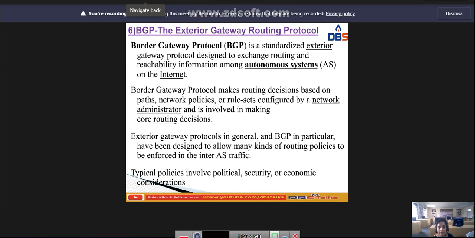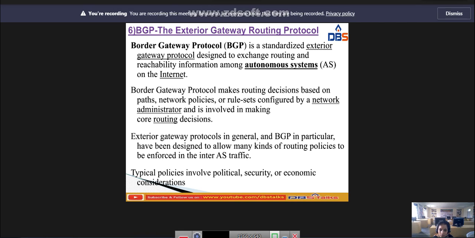Okay. Next, BGP, the exterior gateway routing protocol. Border Gateway Protocol is a standard exterior gateway protocol designed to exchange routing and reachability information among autonomous systems on the internet. BGP makes routing decisions based on paths, network policies or rule sets configured by the network administrator, and it is involved in making core routing decisions.